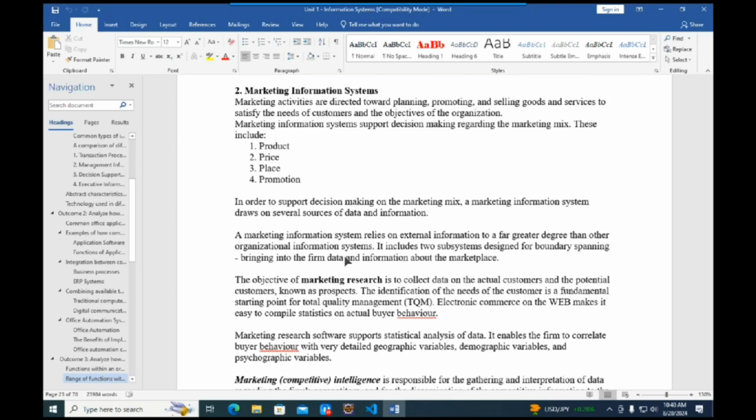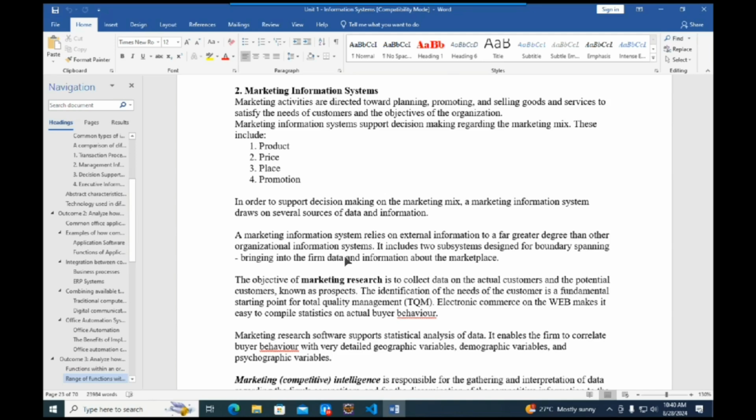So we have marketing information systems that support decision making regarding the marketing mix: the product, the price, the place, and the promotion. We need to look at the products we are offering, the prices of products, the place or marketplace, and the promotion that we need to bring in.